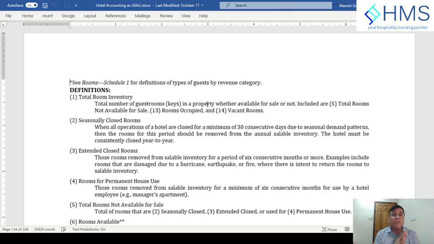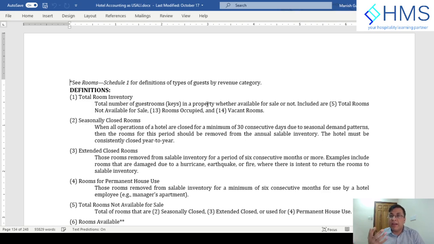However, if the rooms are made to be sold to the guest, but they are occupied by the staff, or by the general manager or the owner on a long term basis or permanently, that will not make a difference. That particular room will still be counted as hotel inventory. The only thing is that it will not be counted as available for sale.